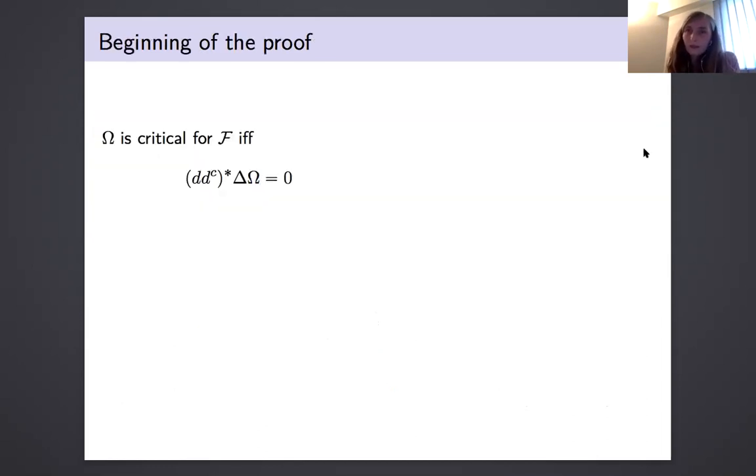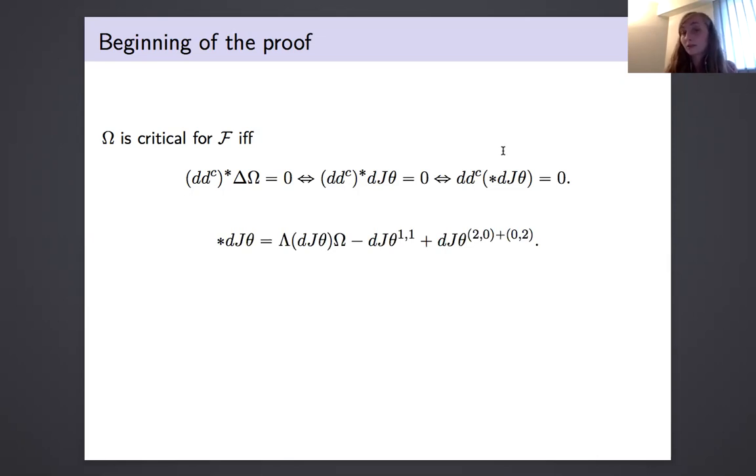Okay. So let me start with the proof of this result. First of all, by the equation that I showed before, in complex dimension 2 it simplifies to this equation, which is also equivalent to this equation, and then to this equation. So we have to solve this equation. And again, using the fact that the dimension is 2, we can express the star of d_G theta as this: the trace of the form times omega, minus its (1,1) part, plus its (2,0) and (0,2) part.